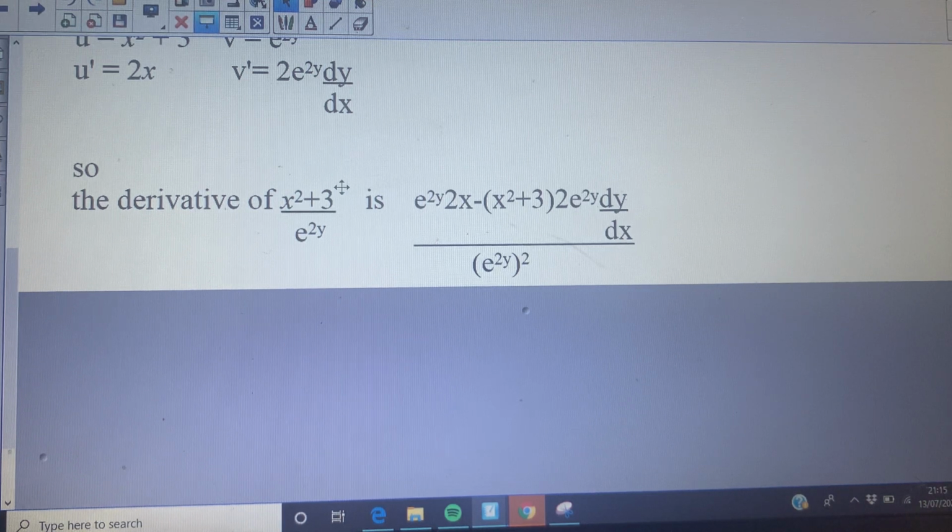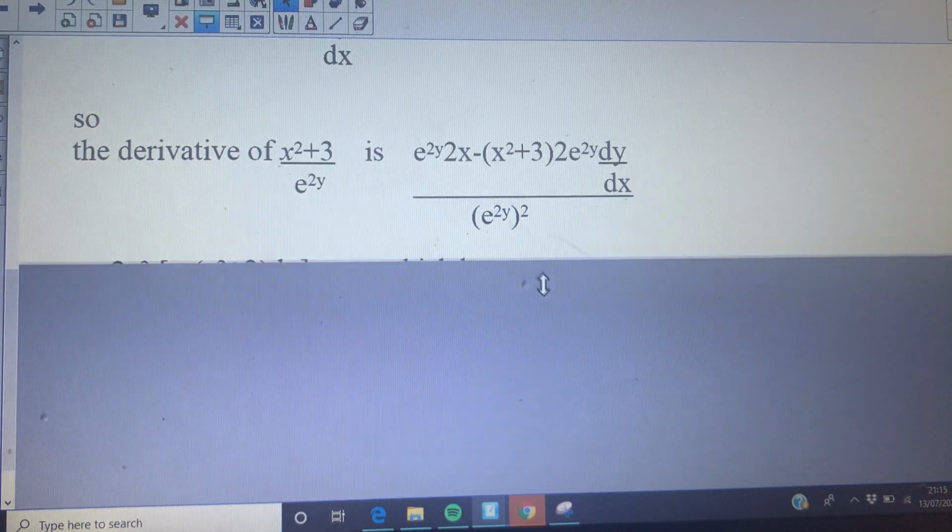I mean, you may well have got full marks for getting there. I think you ought to simplify that bit there. If you're going to leave it like this, you do maybe need to write that as e to the 4y. But what I've spotted is that each of these terms has a factor of 2e to the 2y.